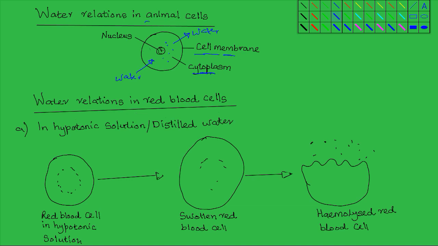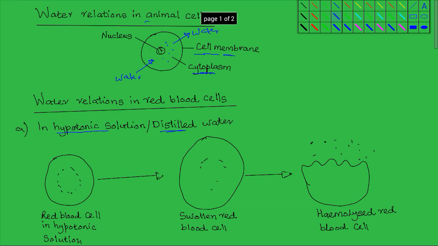Now, when a red blood cell is placed in such a hypotonic solution, the red blood cell will be hypertonic. So the red blood cell is said to be hypertonic to the surrounding solution. This results in a net gain of water.